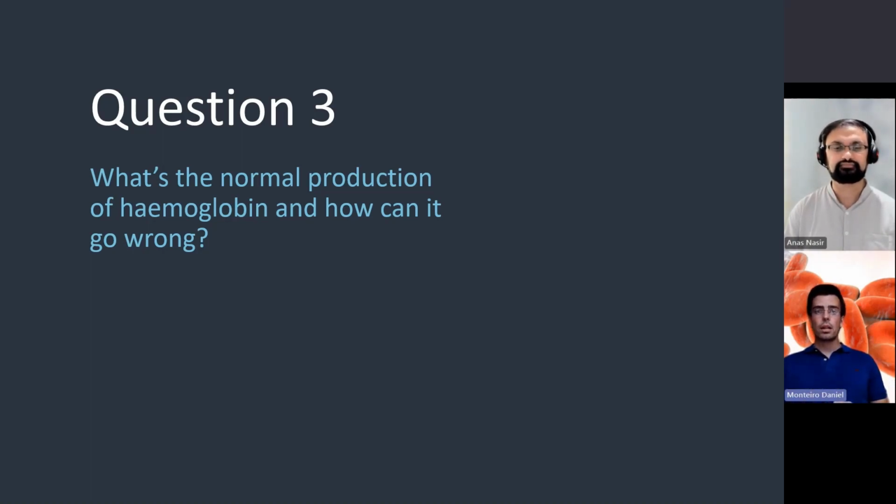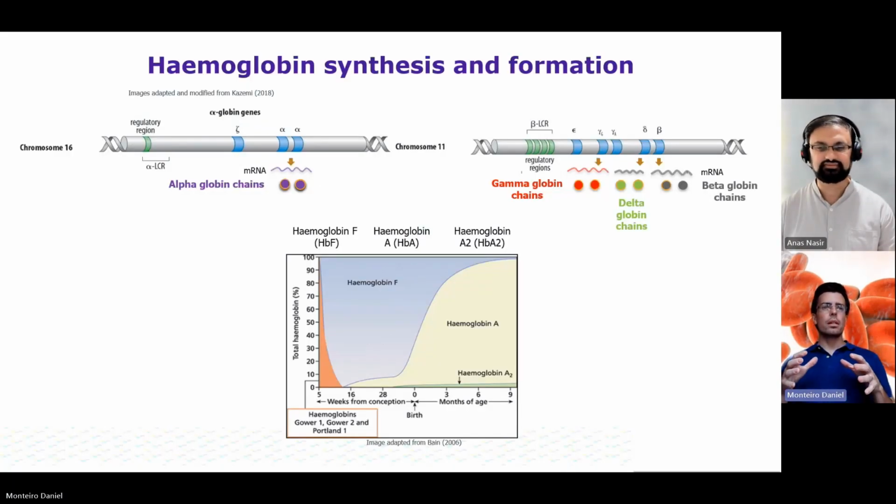So we'll start right there from our first slide, because we need to know how haemoglobin is synthesized and how it's formed. So from here, you can see that the haemoglobin synthesis is done, obviously, in genes. Particularly for haemoglobin synthesis, and especially for the main haemoglobins in a healthy patient, which we're also going to talk about in the next slides, there are specific genes involved in its production.